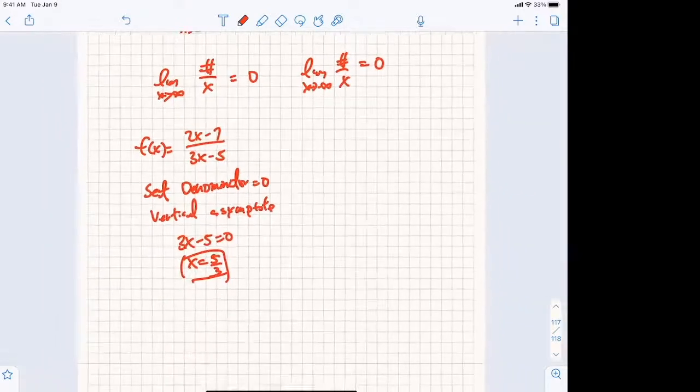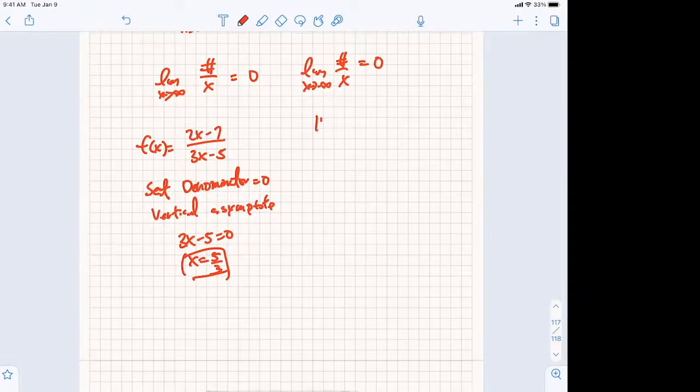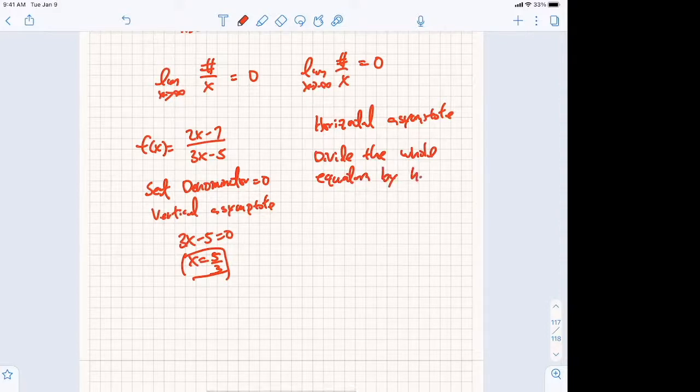But we're going to talk about horizontal asymptotes in terms of calculus, and there's a reason for that. In calculus, you divide the whole equation by the highest degree of the denominator.